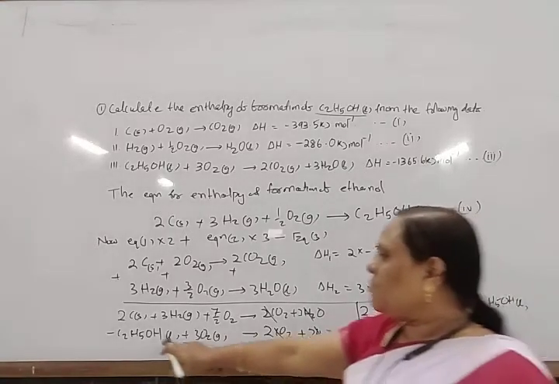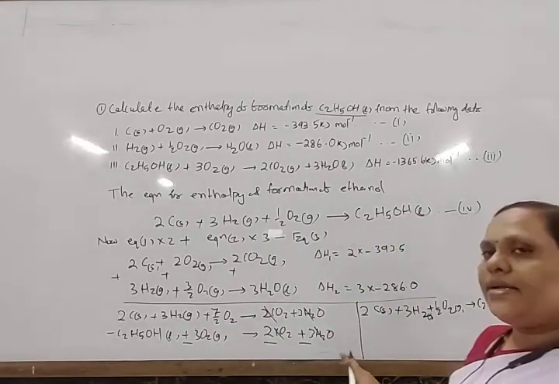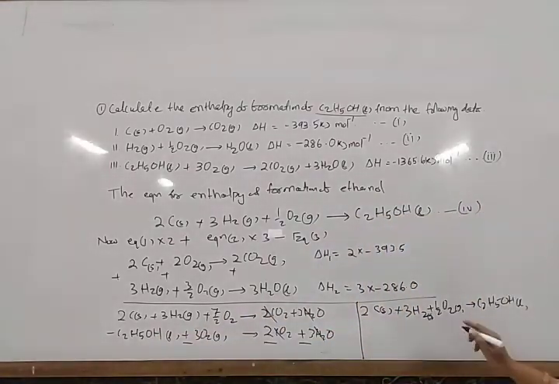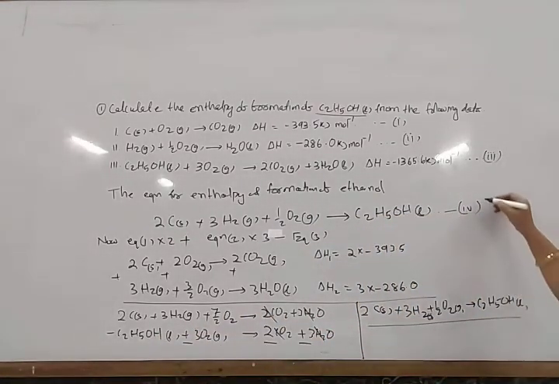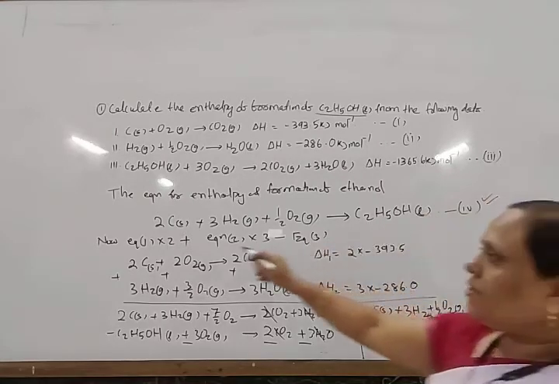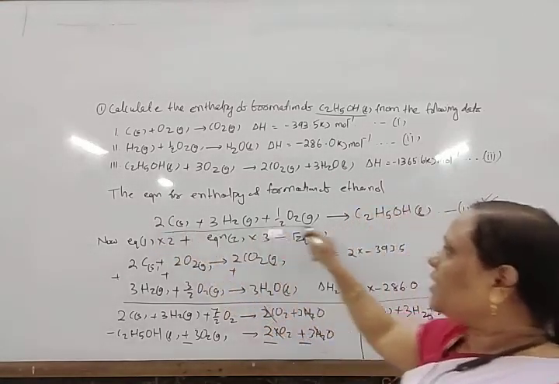When a minus term comes to this side, it becomes positive. So now this equation we get, that is your equation 4, the required equation.